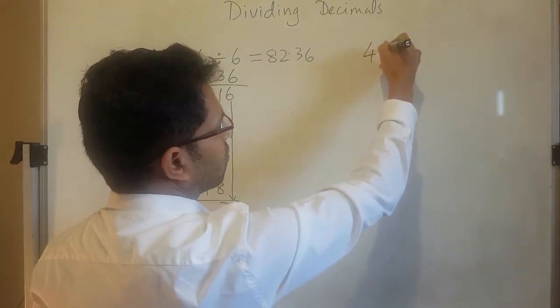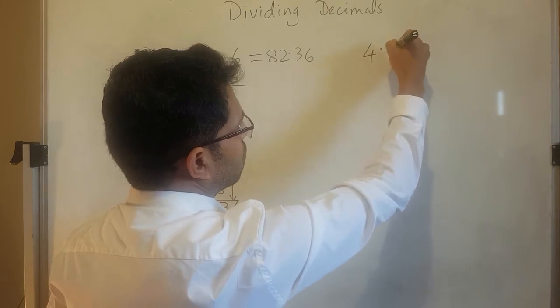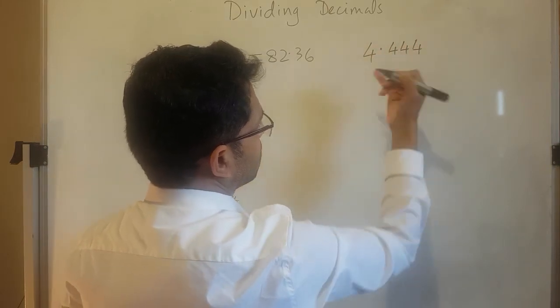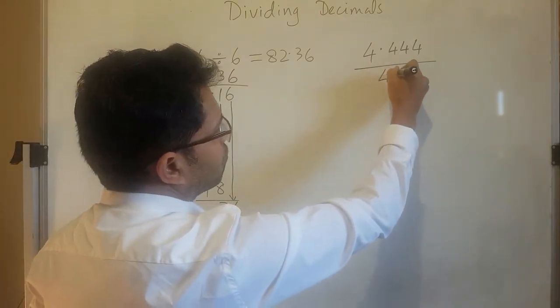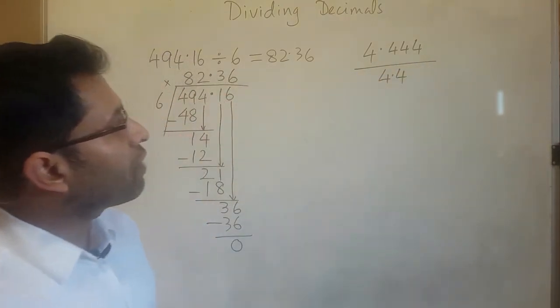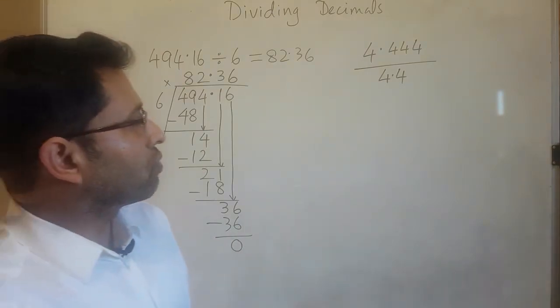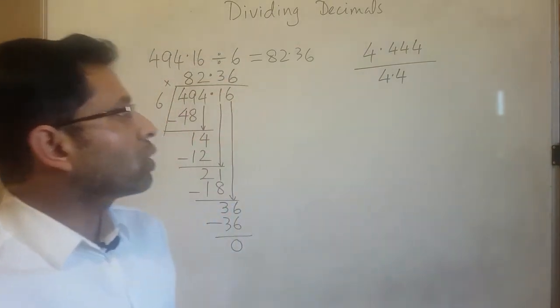But for the division of decimals, maybe you have a decimal value on top, like 4.444, I'm just giving a random value here, and you are dividing by 4.4. So we are dividing 4.444 by 4.4. What do we need to do?